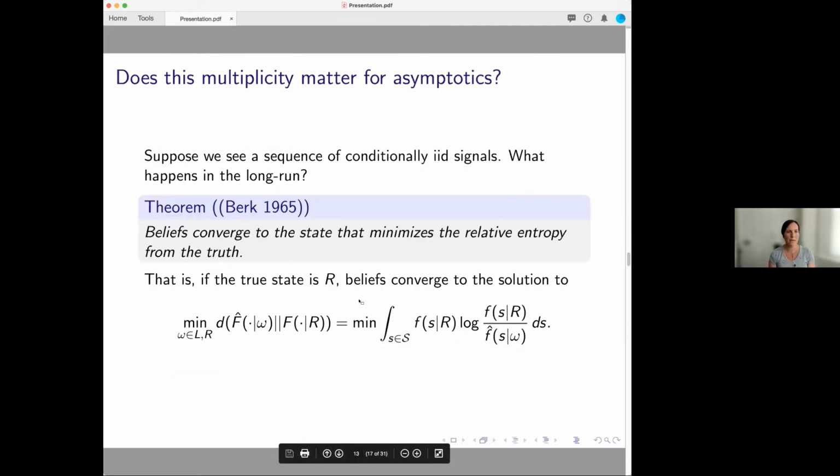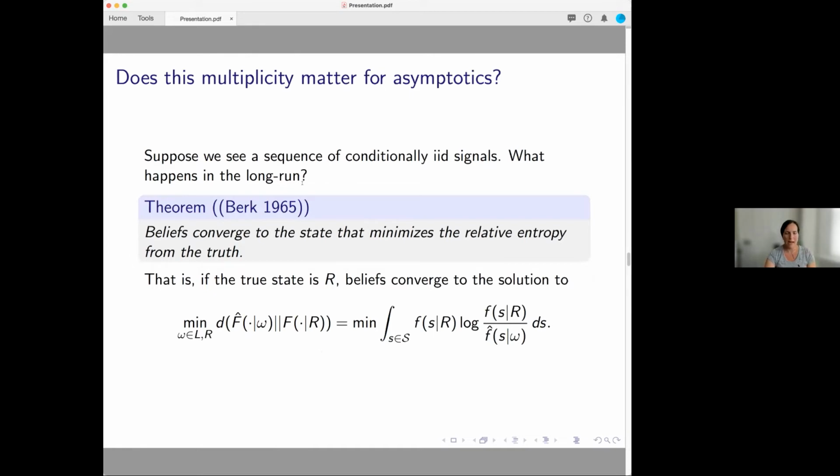Well, here we're going to look at, does it matter for asymptotics? In other words, if we look at different misspecified distributions that represent a given heuristic, do we make the same predictions for asymptotic learning, or do we end up with different predictions for different models? Let's first look at a super simple case where agents just learn from a sequence of conditionally IID signals and see what happens in the long run.